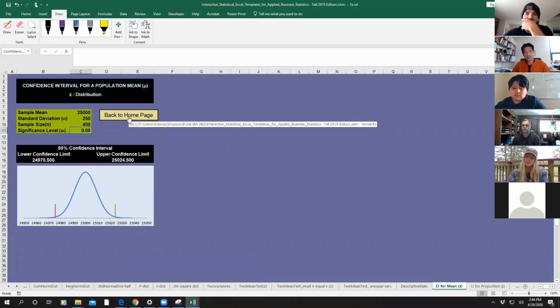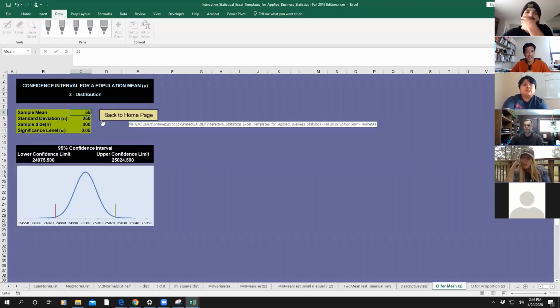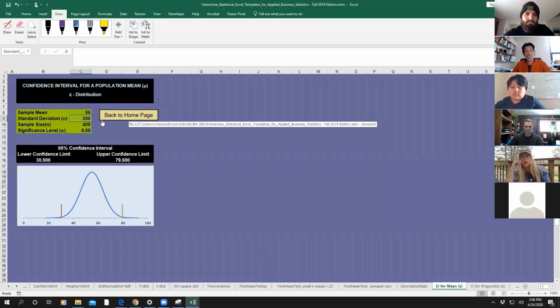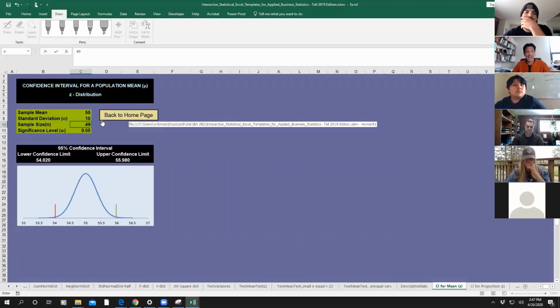All right? So what was the sample mean from the problem? What was the number? Was it 49? No, that was the sample size. Sample size, okay. So this is 55, right? The standard deviation of the population? Wasn't that 10? The sample size, that's 49.